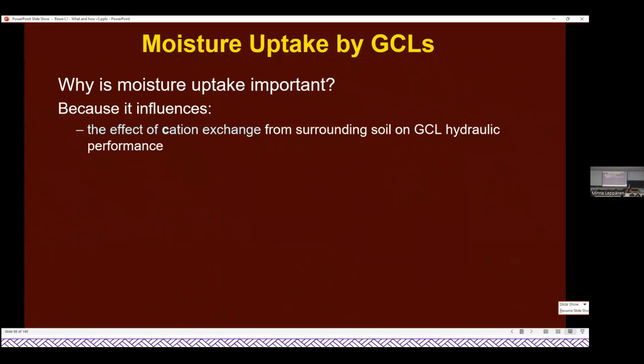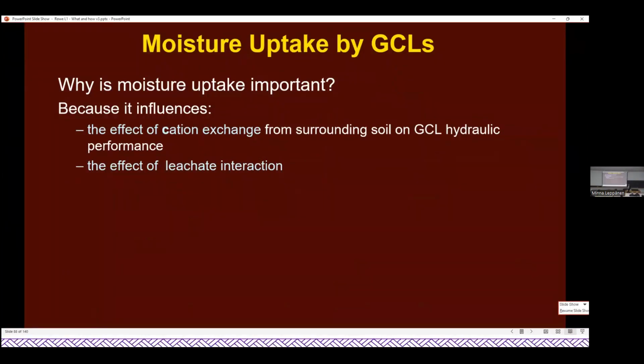So moisture uptake by a GCL is going to depend on many factors. It's going to depend on the way in which the GCL is manufactured. It's going to depend upon the soil it's in contact with.